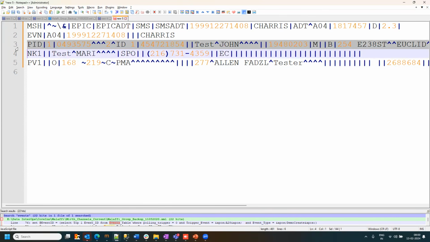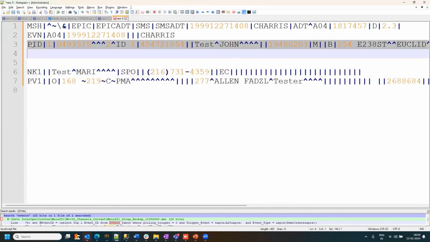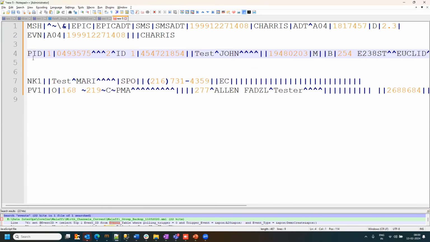So if you consider just the PID segment here, because patient identification data can be understood easily, right? You can see that there are data elements present between the pipes. So this is one data element.